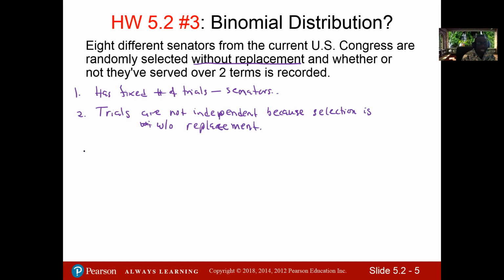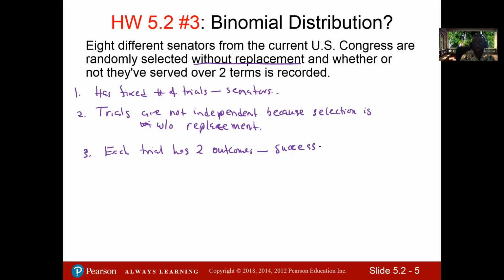Okay, then 3. Now, once you have that, you can conclude that this is not binomial, because for it to be a binomial distribution, all the 4 requirements must be satisfied. But I'm just going through the steps so that you see how I analyze it. Now, of course, each trial has 2 outcomes. A success is when a senator serves over 2 terms.